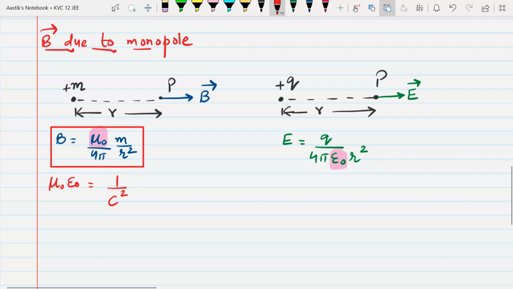Instead of calling it a dipole, I am going to call it a bar magnet. Magnetic field due to a bar magnet. Now, this formula should remind you of something that you have already done.